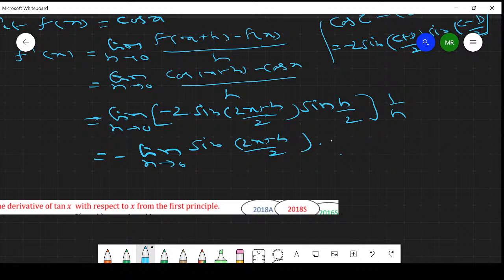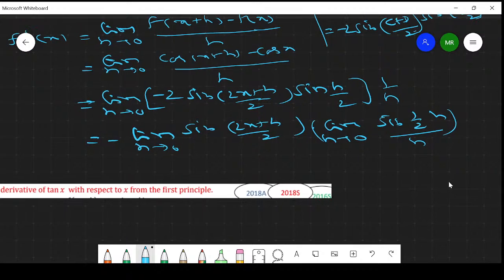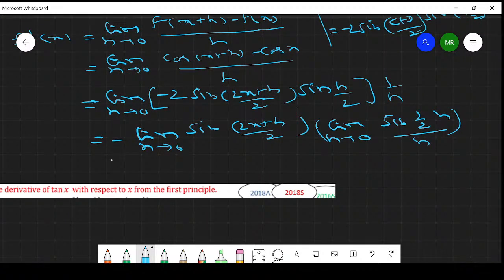This I can write as limit h tends to 0, just observe here, sin(h/2) by h. I can write it as 1 by 2 into sin(h/2) by (h/2). If I apply the limit, minus sin of (2x+0)/2, in the place of h it is 0.